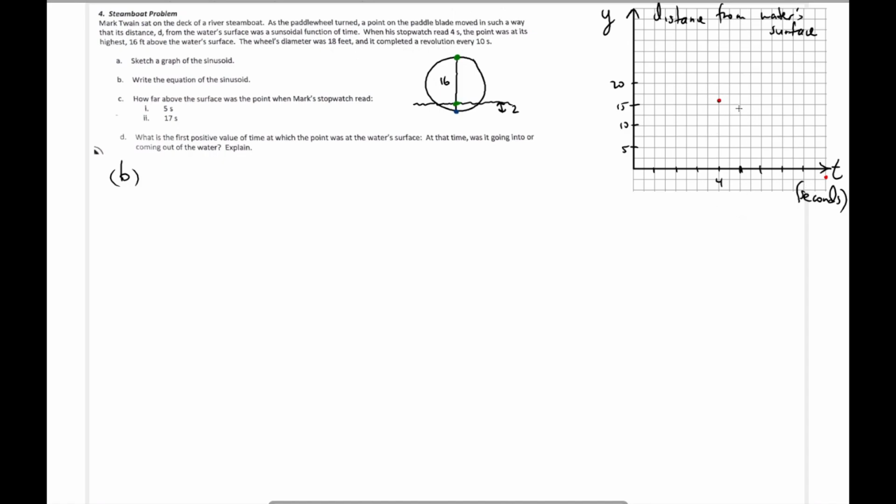Okay, and also 2.5 seconds would be another point that we should find out, right? But that would be where the midline is, and we'll find that out by using the algebra in part D to find the equation.